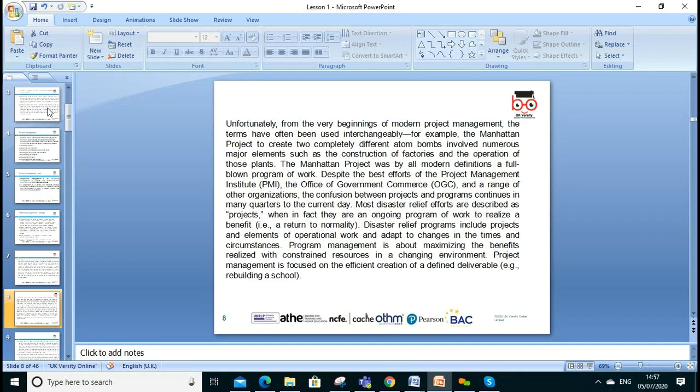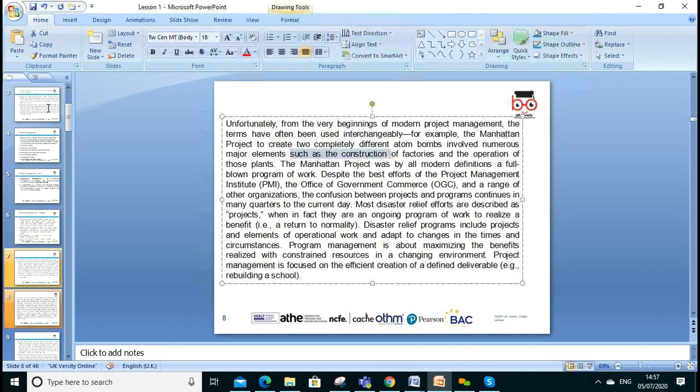Unfortunately, from the very beginning of the modern project, the terms have been used interchangeably. An example is the marathon, which can be treated as two completely different things, like in the past, major elements of construction, factories and other plants.